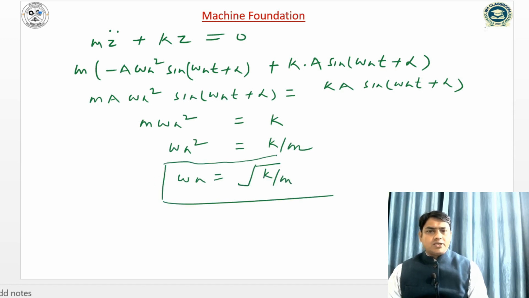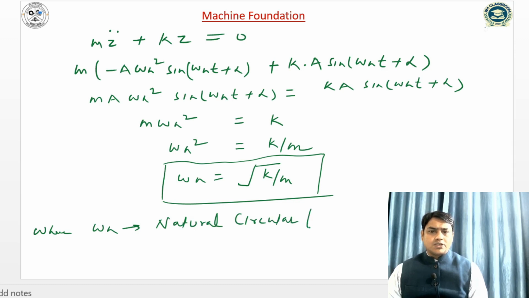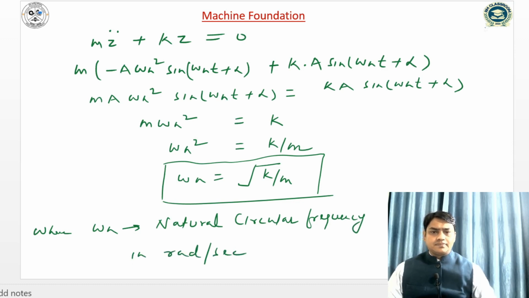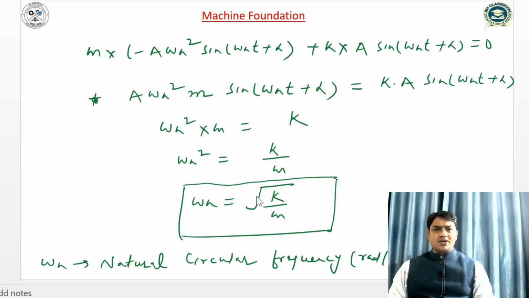This omega n is the natural circular frequency in radian per second, where k is the spring stiffness and m is the mass of the rigid body.